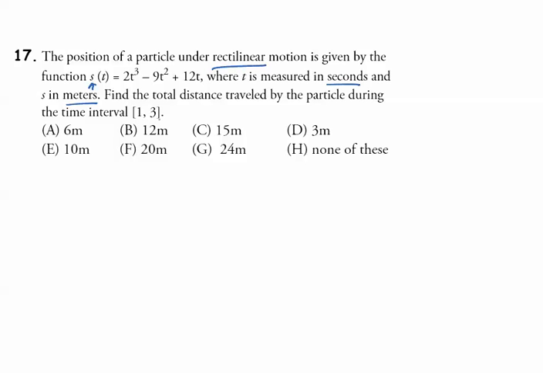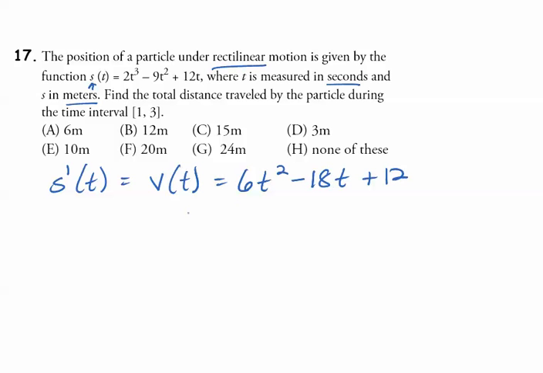So we need to know if this particle is ever going to turn around. So we better find out its velocity function, 6t squared minus 18t plus 12. It might turn around if its velocity hits 0. So we'll factor.